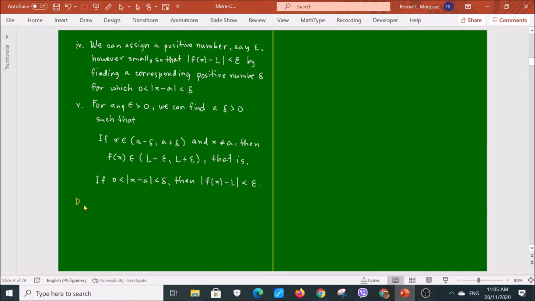Okay? So we have the definition of the limit of a function, the formal or precise definition.